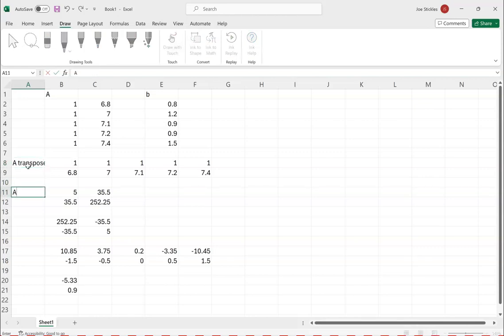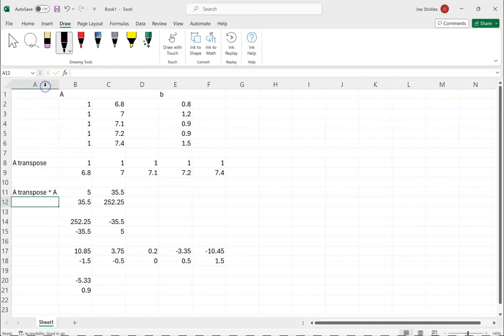This is A transpose times A. This is A. Rather than me keep typing in transpose all the way, we'll use A superscripted with a T for the A transpose.